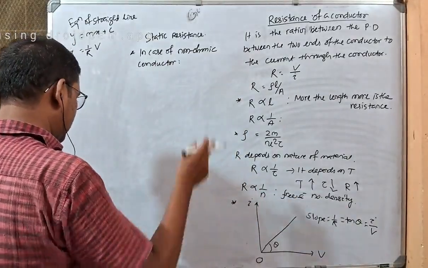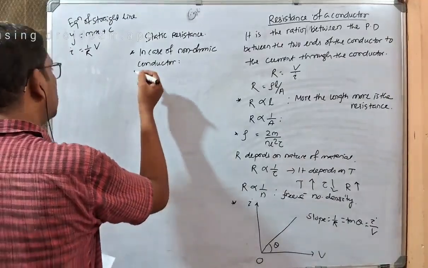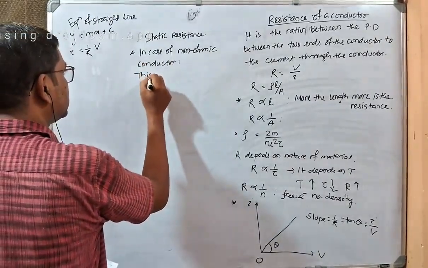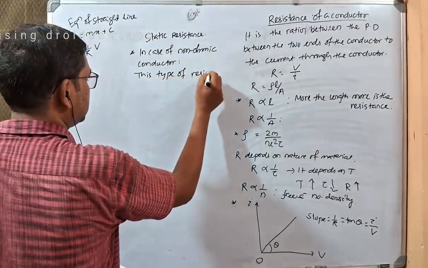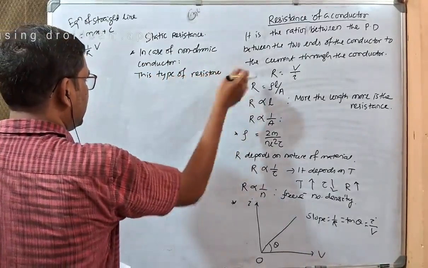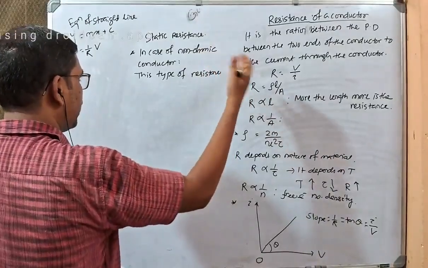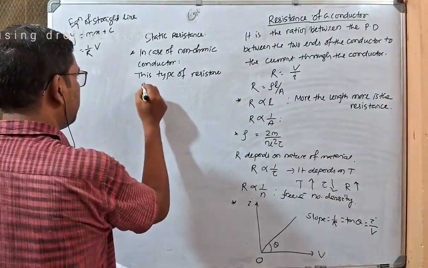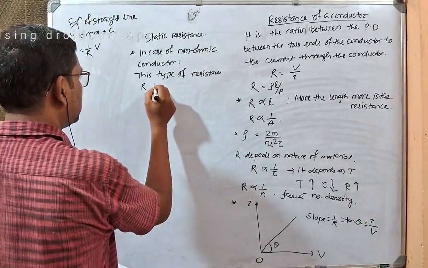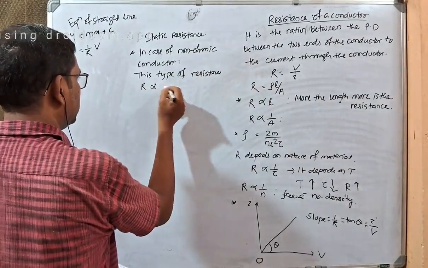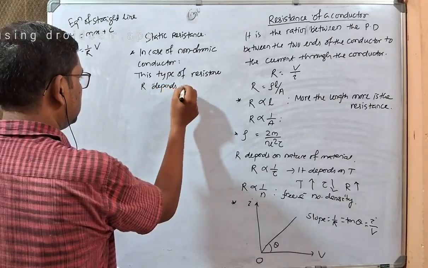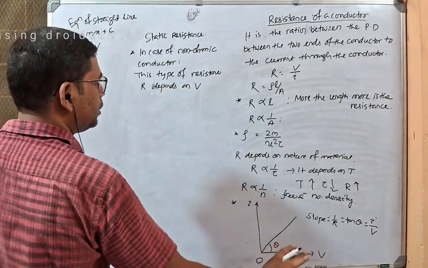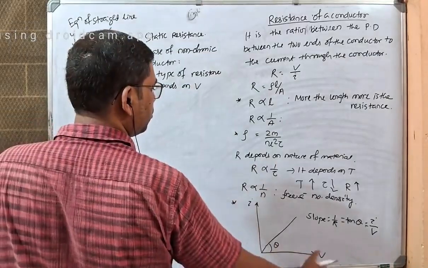This type of resistance is called varying resistance. Resistance varies, so R depends on V. Here R doesn't depend upon V, whatever the potential difference.